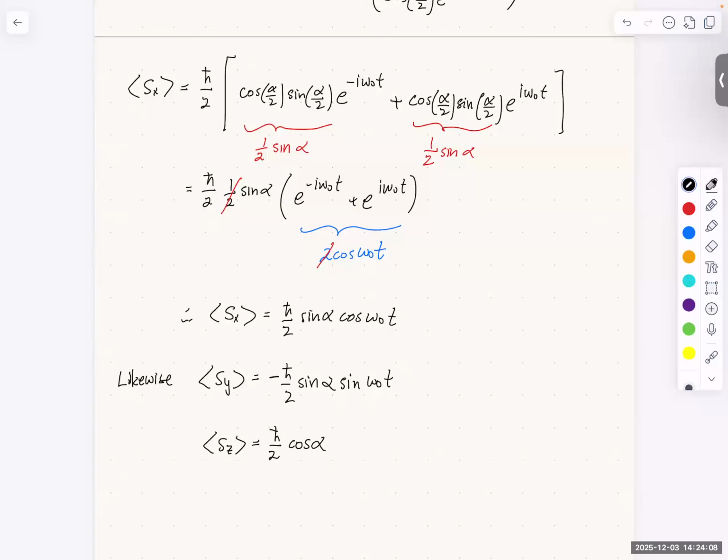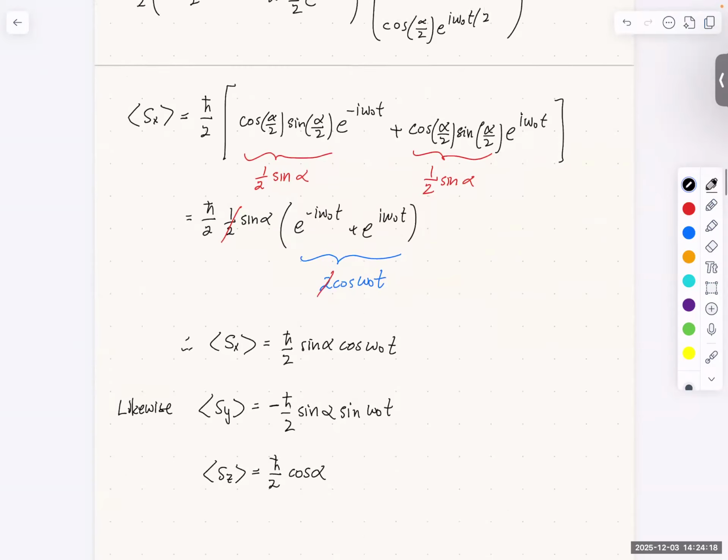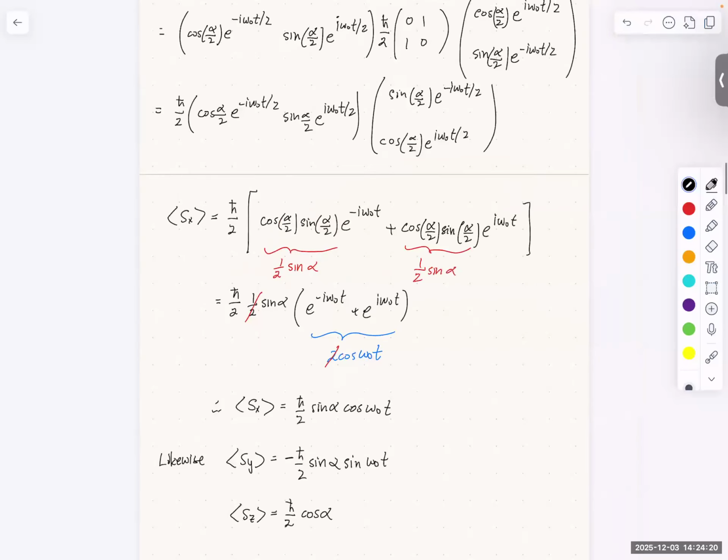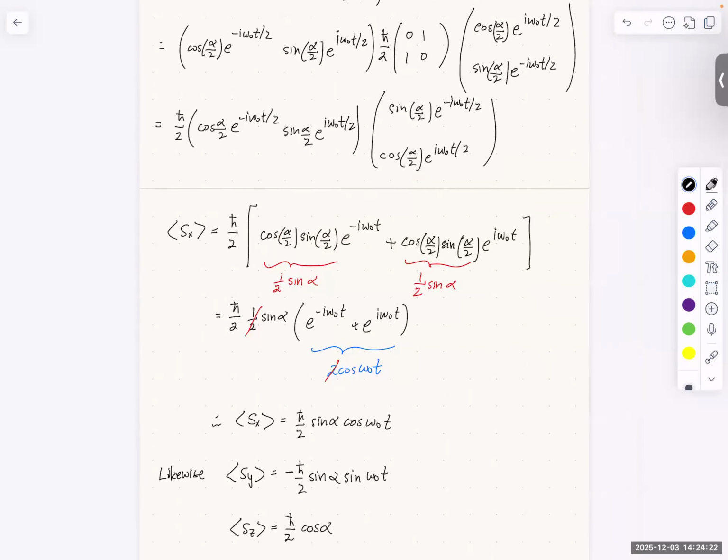And in fact, it will not have an oscillating part. It's going to be constant in time. And you can understand why, actually, because if we go back to this top line here, if I put in the Sz operator, it's going to be a diagonal matrix 1, 0, 0, -1.